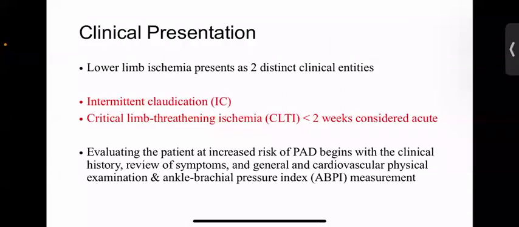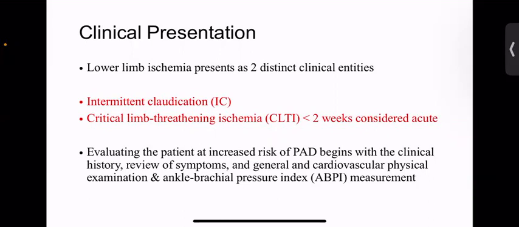The clinical presentation of lower limb ischemia comes in two distinct clinical entities. The more common one is intermittent claudication, where there's exertional pain that is relieved on rest. Then there is a much more advanced disease called critical limb threatening ischemia. Patients have pain at rest that doesn't respond to analgesics.